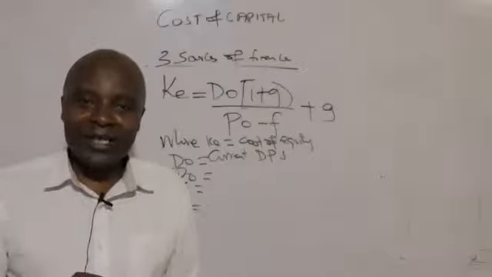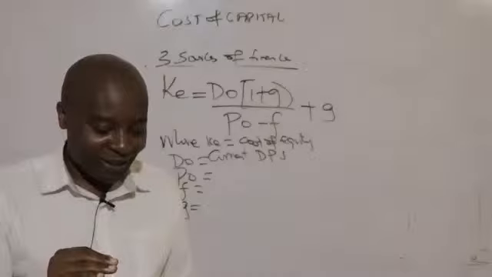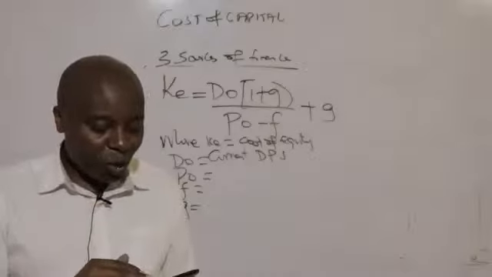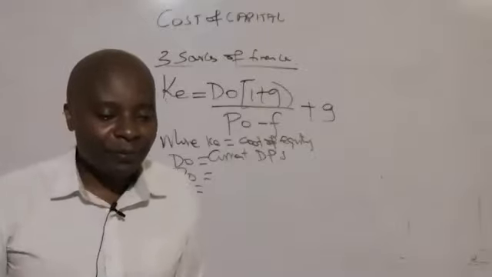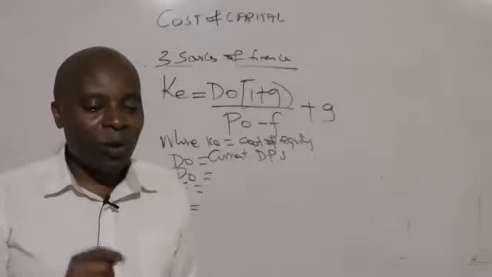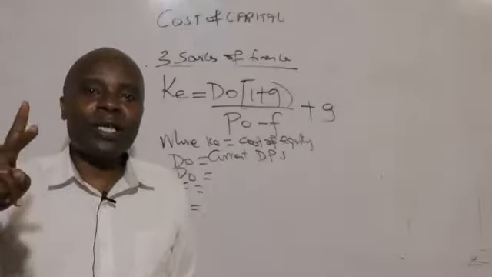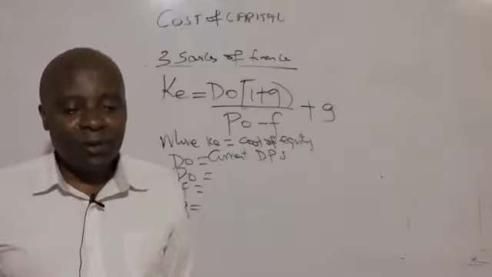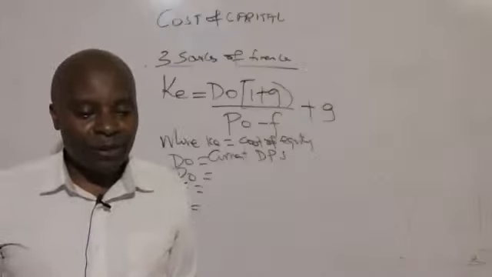But I know the sensitivity of this topic, so I want to put a very good foundation. So if you go to page number 2, you'll be able to see example 1. Are you there? Page number 2, example 1. I hope everybody has this handout.